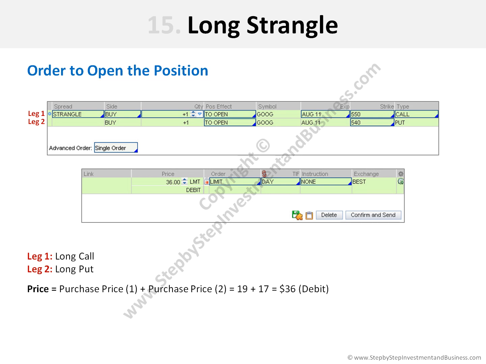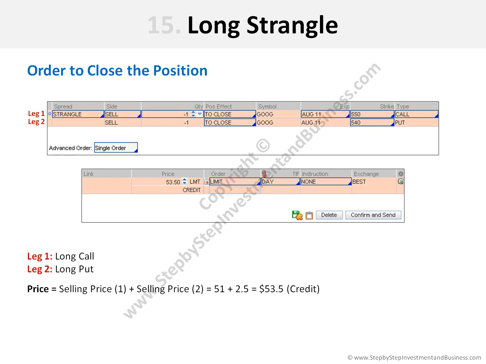Leg number 2 corresponds to the long put and consists of buying one put with a strike price of $540 and same expiration date. The entered price is given by the sum of the purchase prices of the call and the put. In this case, 19 plus 17, which is equal to $36. This is the money, expressed per share, that will be debited from our account when the order is filled.